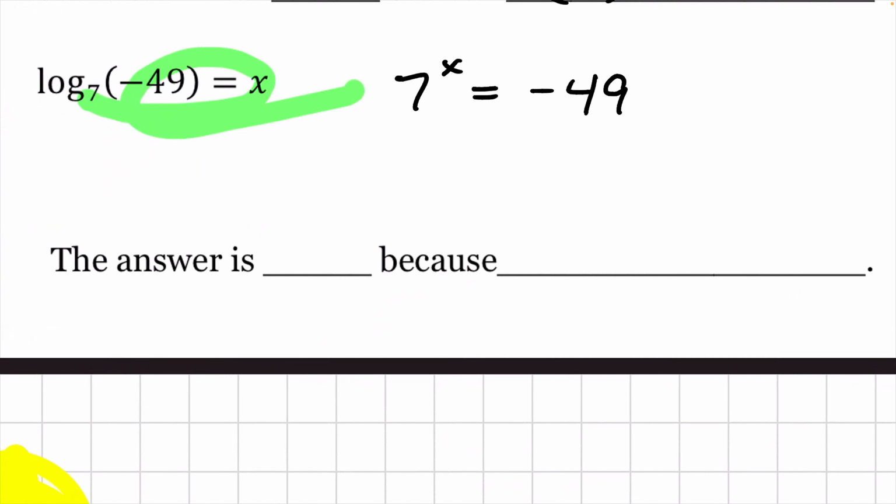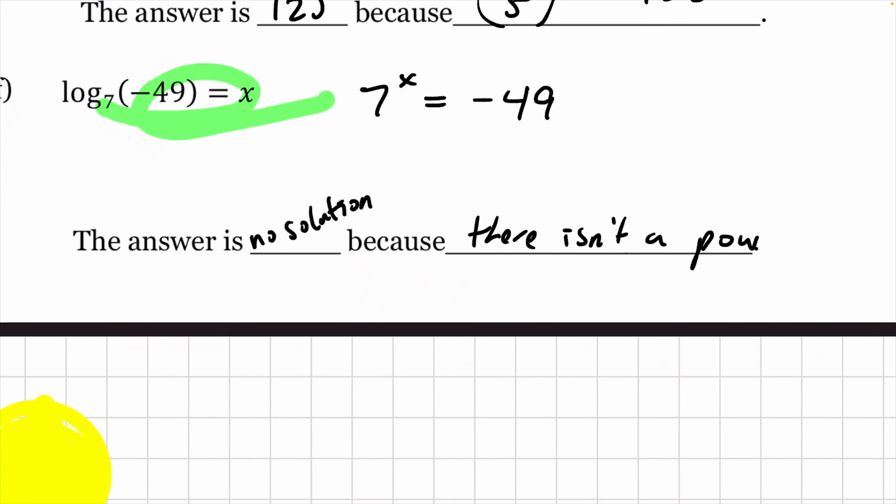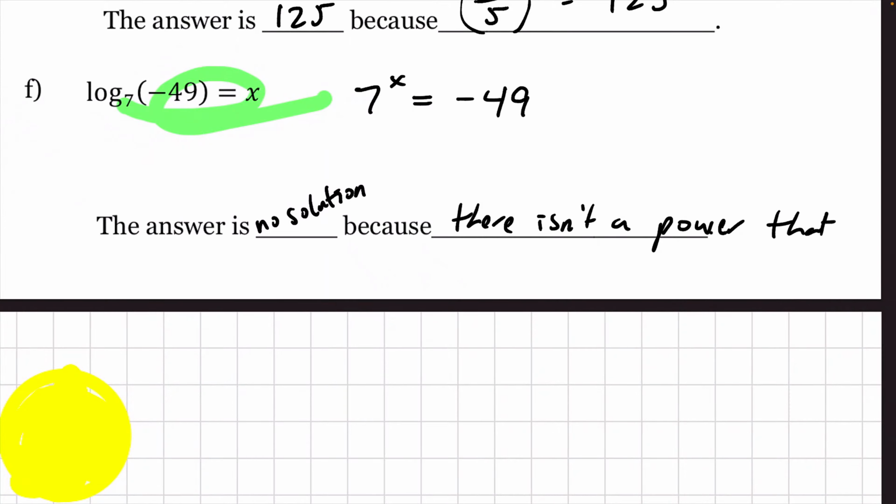We just say the answer is no solution, because there isn't a power or exponent that would equal negative 49. Just not possible. 2 makes positive 49, but these aren't true.